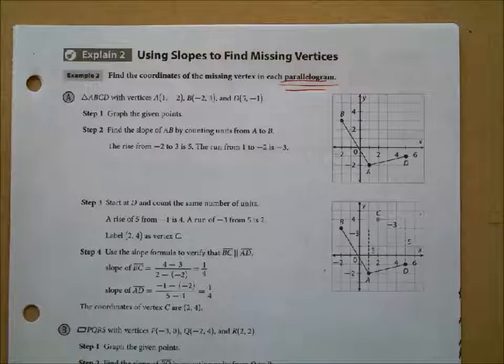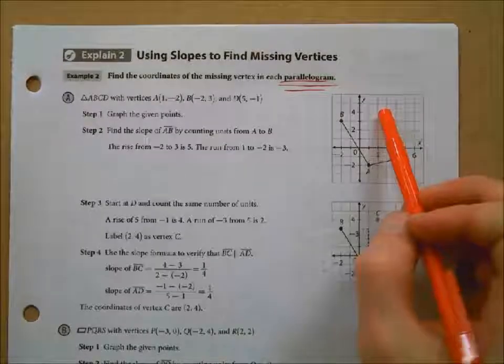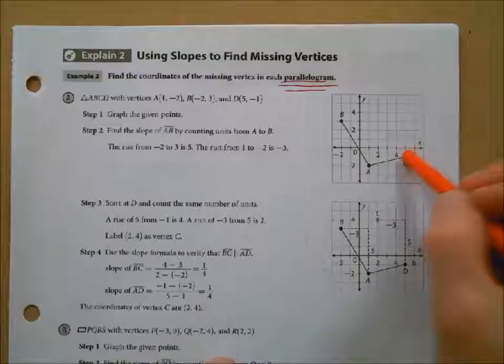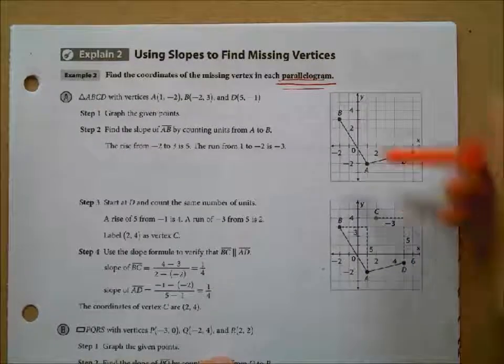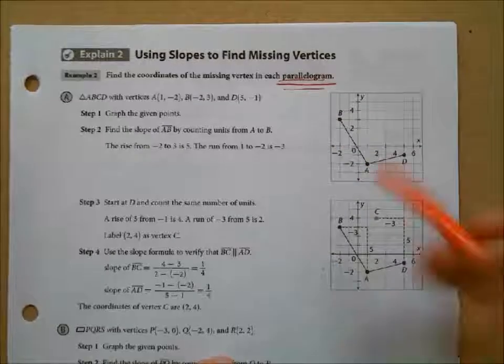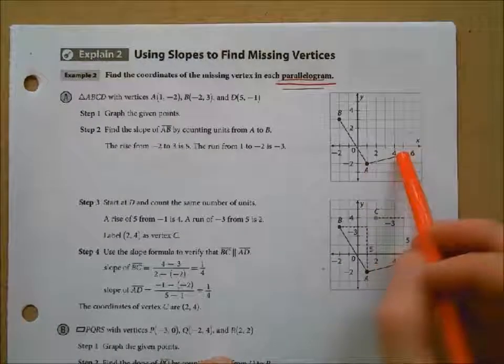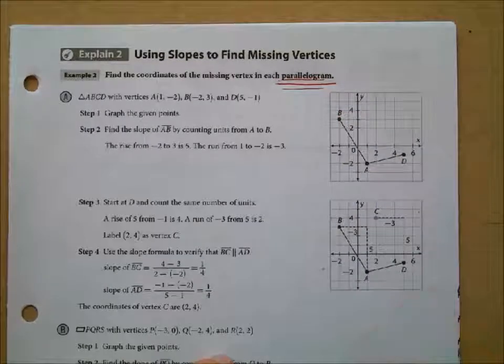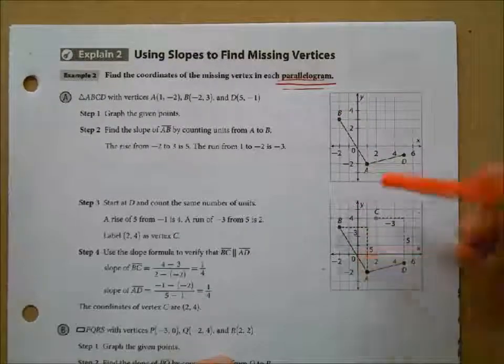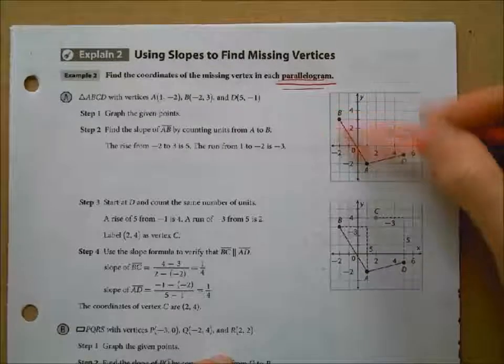How do we know where it's got to go? Point C has got to go somewhere up in here. All right, so how can we know what to do? Well, DC is going to have to be parallel to what? Has to be parallel to AB. Or you can think of it as AD will have to be parallel to BC. So either way there, you can use whichever one you want. I think they choose to use AB to guide themselves here. So we'll just count our slopes here.